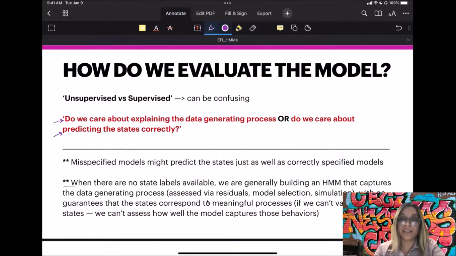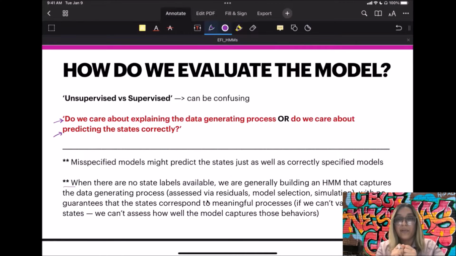And this is something very subtle, because in the literature, we often say hidden Markov models are used to identify different animal behaviors without ever actually validating that the states correspond to meaningful behaviors. So this is where a lot of domain expertise comes into play. And we know that different patterns are generally only seen when an animal is behaving in specific ways. At the same time, it's just something good to keep in mind.